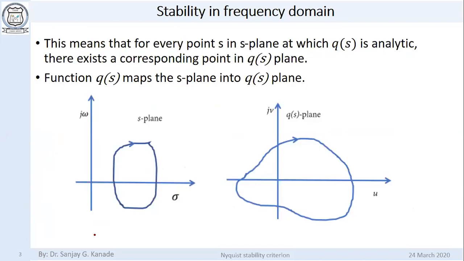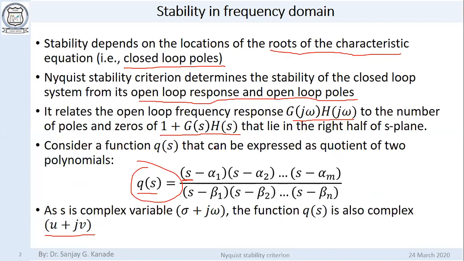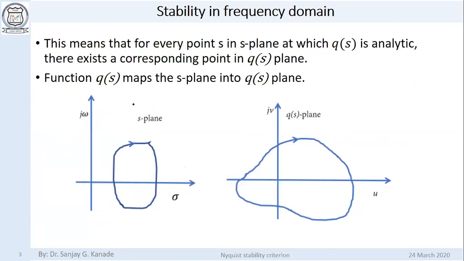What happens is that for every point s in this S plane at which Q(s) is analytic, meaning Q(s) has a single value for any value of s, there exists a corresponding point in the Q(s) plane. For any point here, let's say this is s, there will be some point somewhere in the Q(s) plane also.